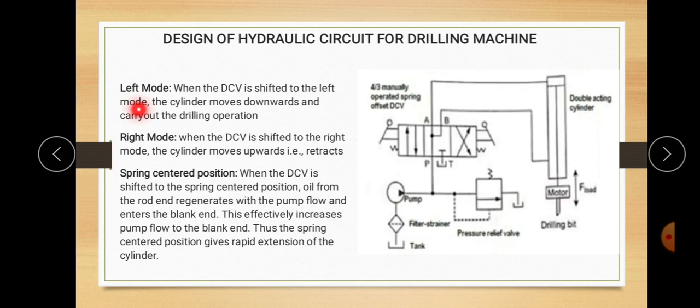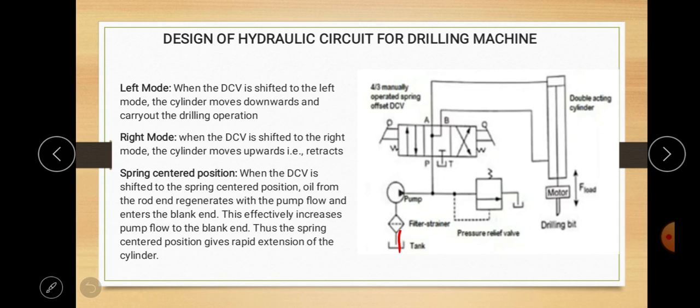When the DC valve is shifted to the left mode, the cylinder moves downward and carries out the drilling operation. When the DC valve is shifted to the right mode, the cylinder moves upward and retracts.